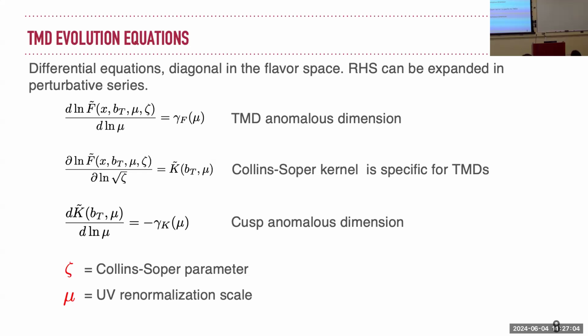So what I'll do is write the solution f of x, b t, mu and zeta, and it'll be f of x, b t, now my initial condition here will be mu 0, still here zeta, and then I'll have my integral, the integral from mu naught to mu of d mu prime over mu prime gamma f of mu prime, zeta over mu prime squared.